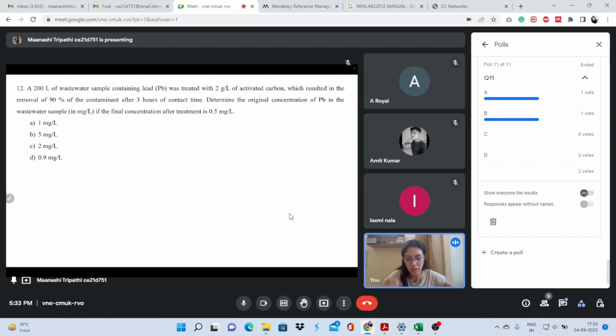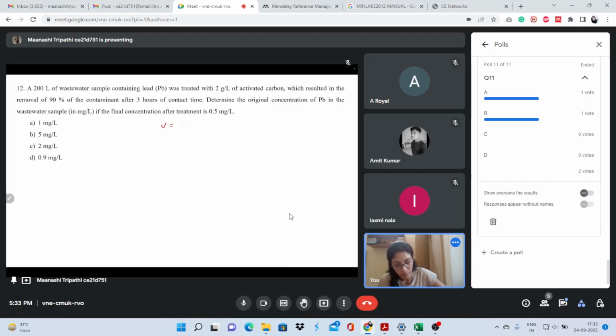Next is a numerical question. Take out your calculators. It will be better for you if you are solving. A 200 liter wastewater sample containing lead was treated with 2 gram per liter of activated carbon, which resulted in the removal of 90% of the contaminant after 3 hours.